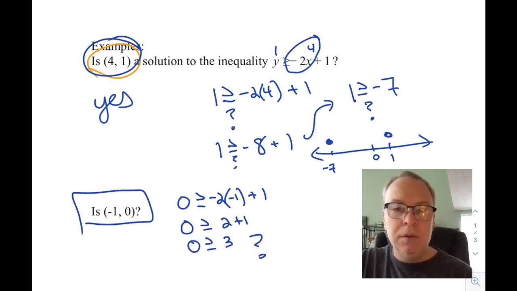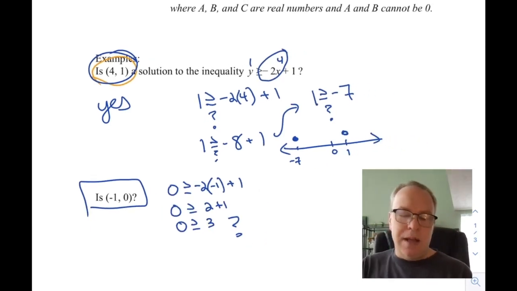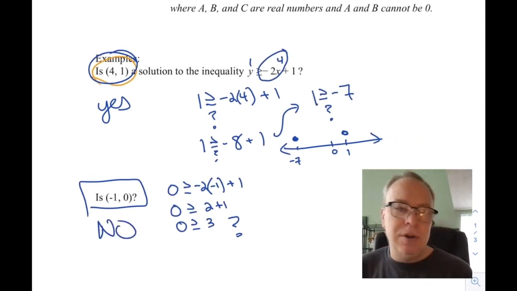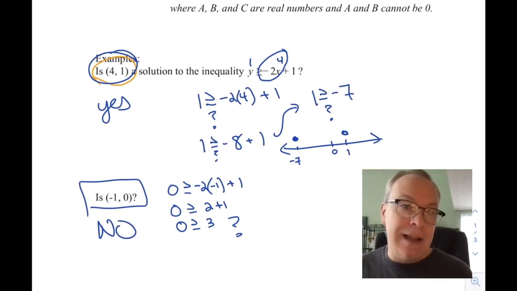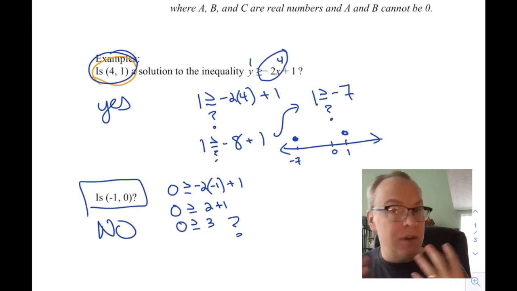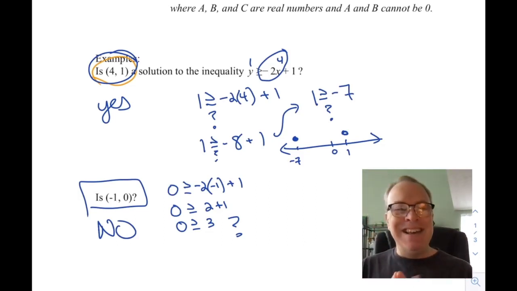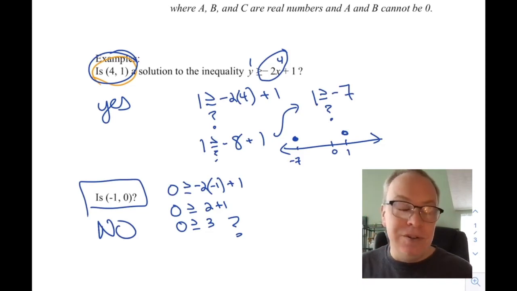Is that true? No, of course not. So that's not a solution. Here we have an example where one of them worked and one did not. The one that worked we call a solution to the inequality because, again, it worked. And negative 1, 0 is not a solution because it did not give a true statement when we ran it through the test here.